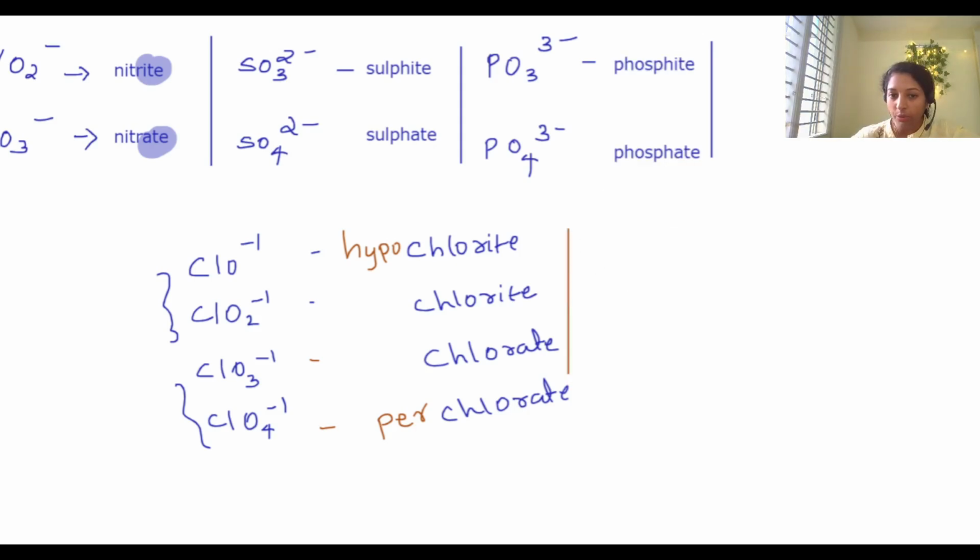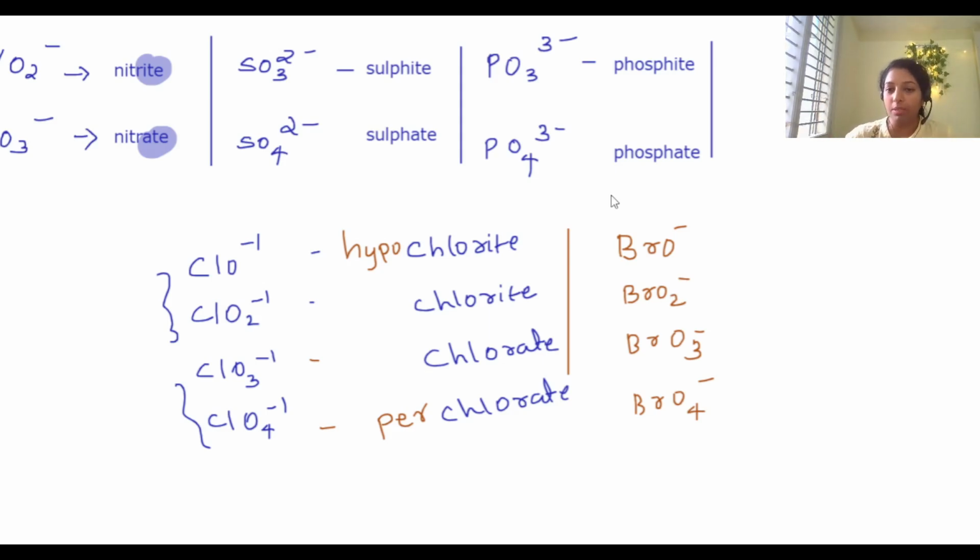Now you can guess the names of BrO minus, BrO2 minus, because as I told you, except fluorine, all the halogens like chlorine, bromine, iodine have these four combos available, all with the same charge and same number of oxygen. If you got the idea, you can comment all the names.